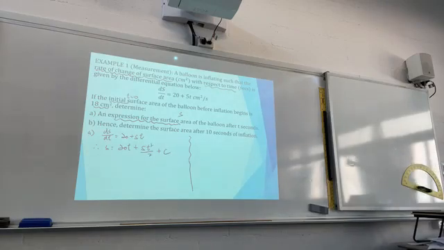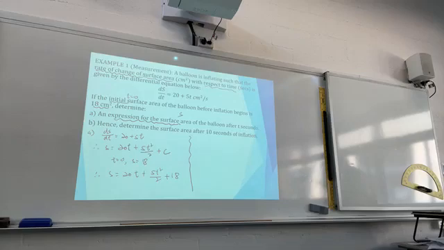Now you need to know what c is. All right? So given that when t equals 0, S equals 18, therefore S equals 20t plus 5t squared over 2 plus 18. So you know the initial condition, so you can work out the expression for S.